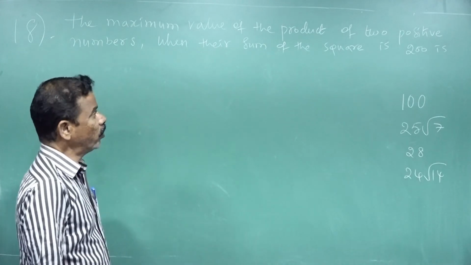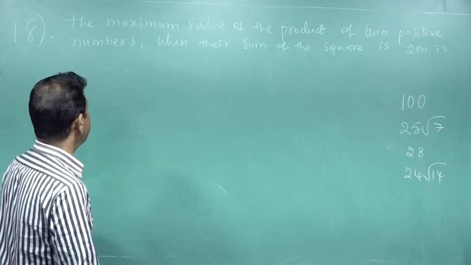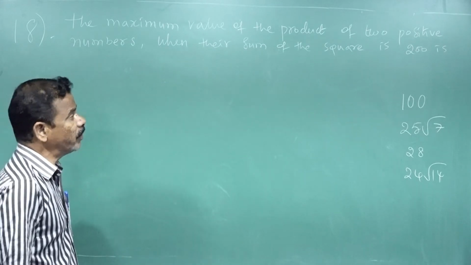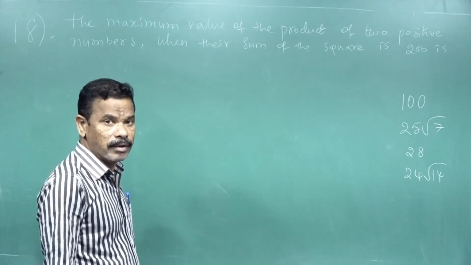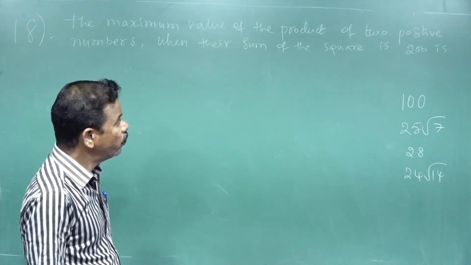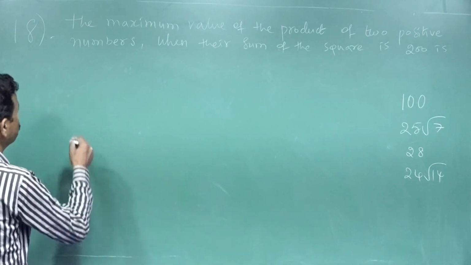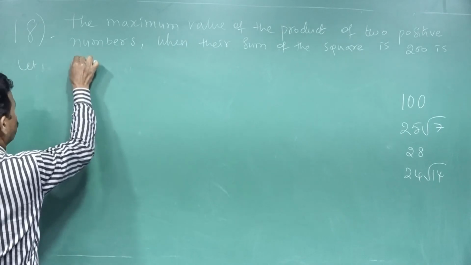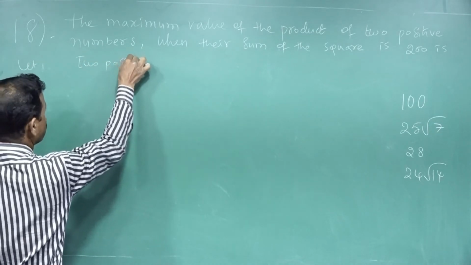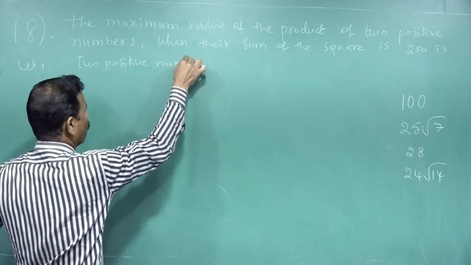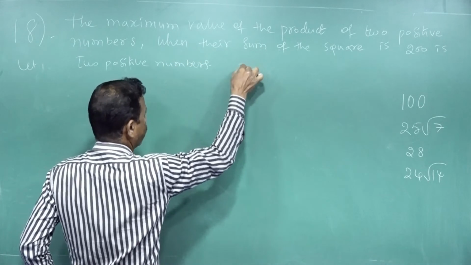Question number 18. The maximum value of the product of two positive numbers when the sum of their squares is 200 is. Here, positive numbers. So let the two positive numbers be x and y.